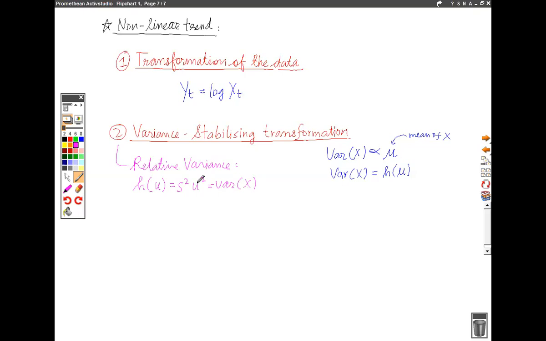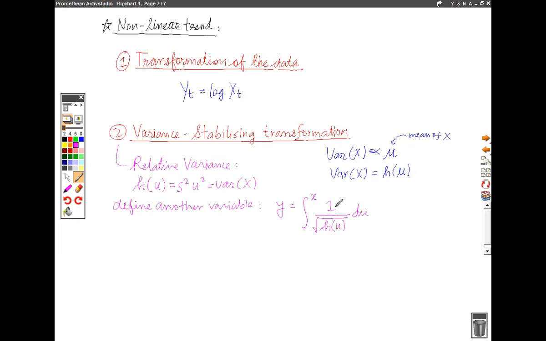Now what you do is you define another variable y, which you integrate over x, and you have the square root of the variance relationship that you have here, with respect to du.